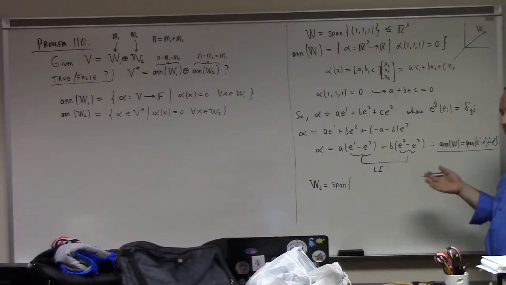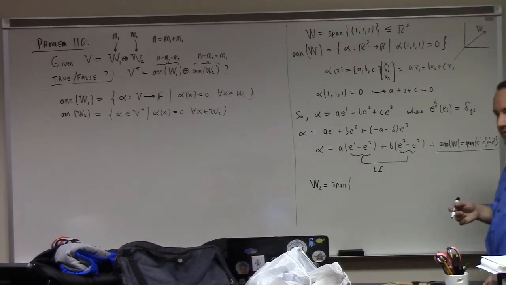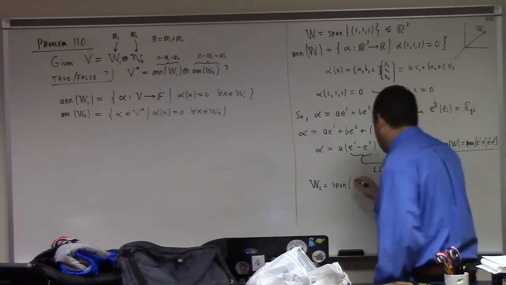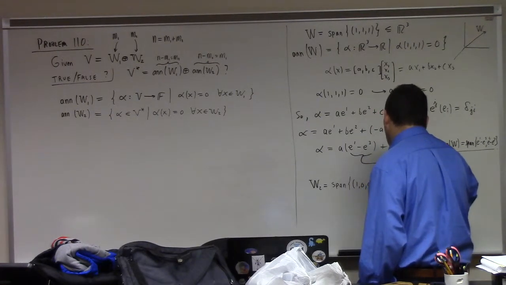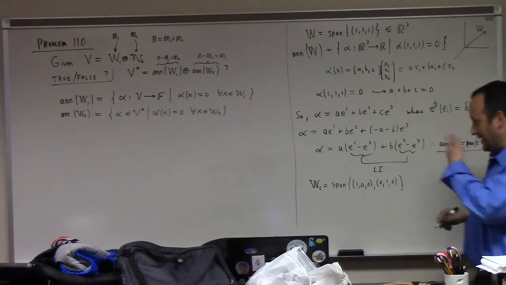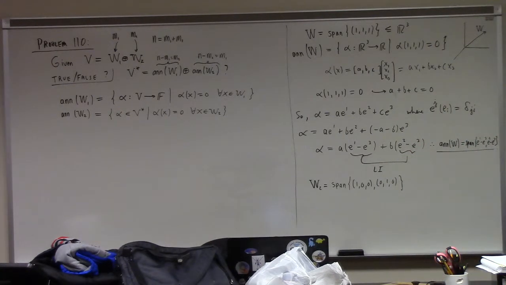So, for example, the xy plane works nicely for W2 in my thought process here. That's a potential orthogonal complement. And what would happen if I looked at the annihilator of W2? What would it be?